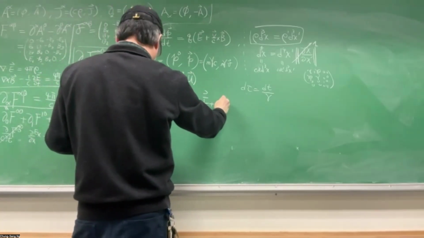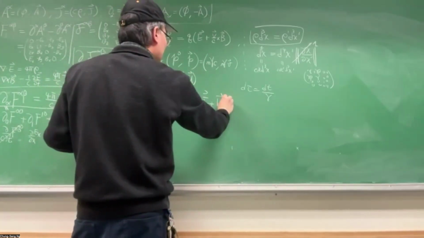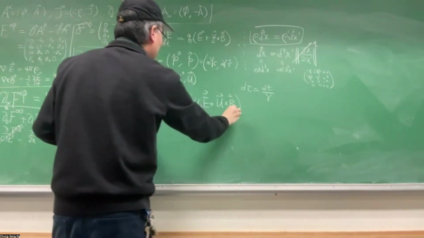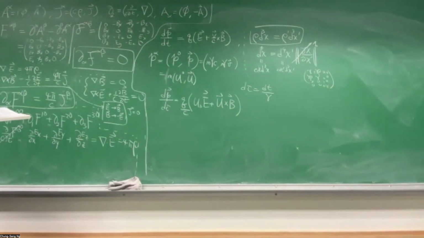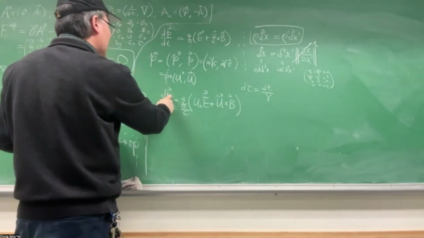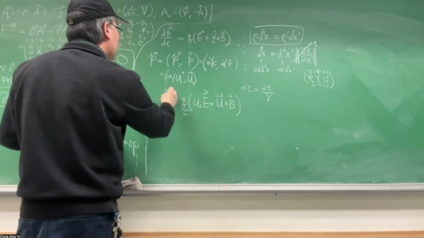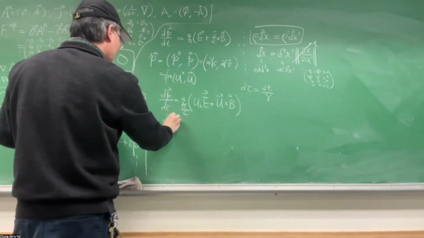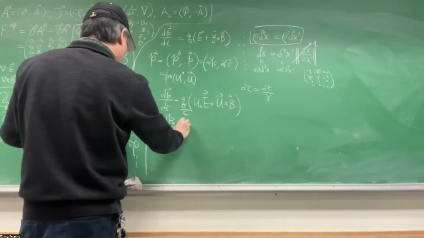You have u0 E divided by c, and gamma multiplied by this is just u, and then there's the cross B. This is still not in the covariant form. And then this is just the spatial part. The energy part is the conservation of energy.